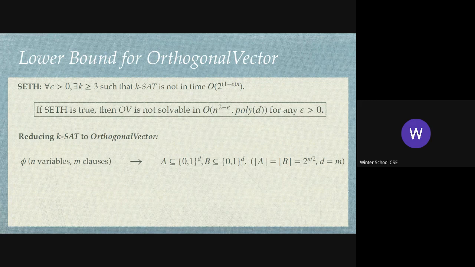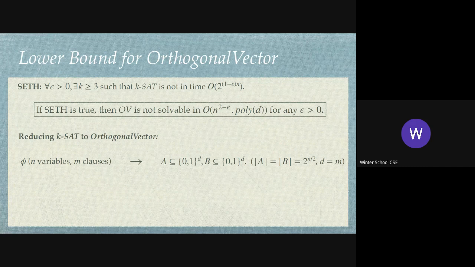So basically we will create these two sets A and B, where A and B are both sets of d-dimensional vectors, where every coordinate of the vectors will be either 0 or 1, such that the size of A and B will be 2 to the n by 2, right?